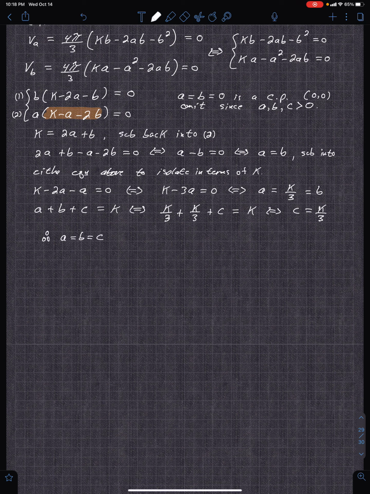So I'm going to show you two ways to argue this. So this is the only critical point. Therefore, it must be a maximum.